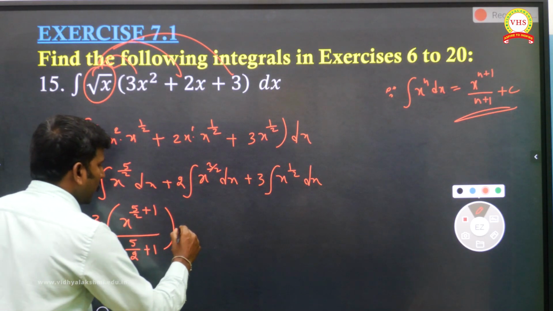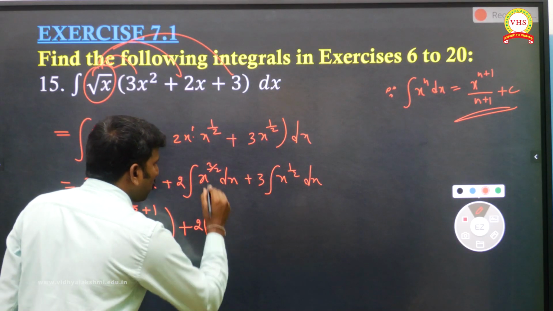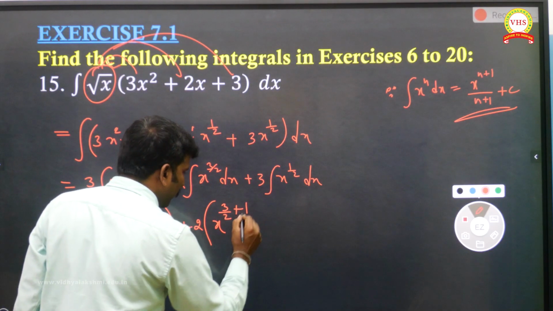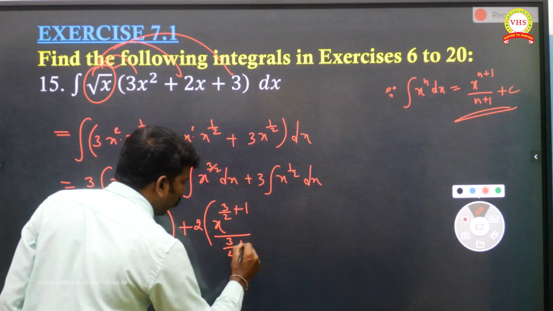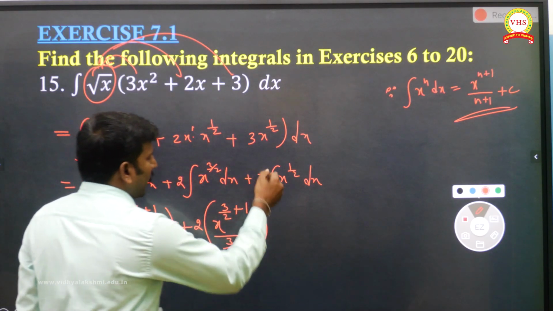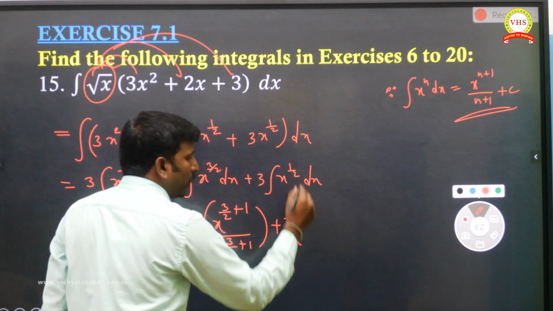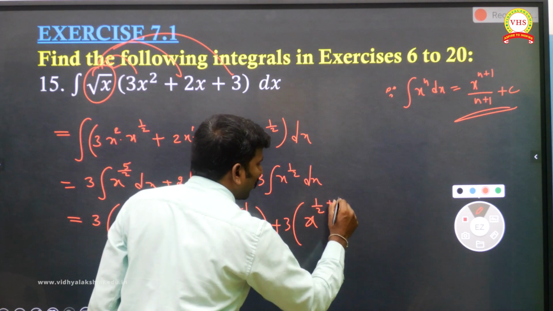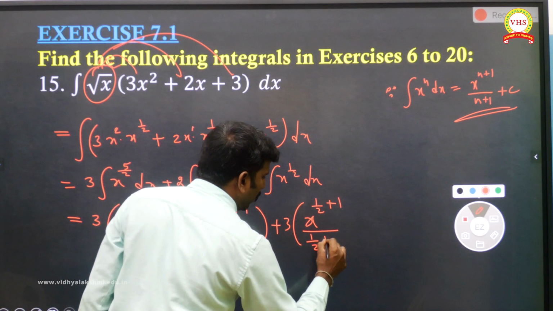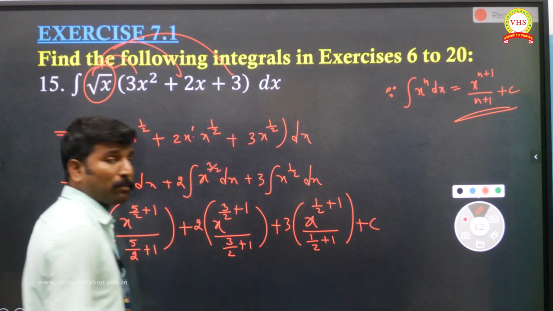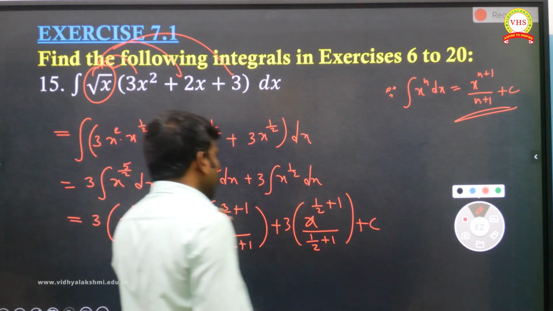Like that, 2 into x power 3 by 2 plus 1 divided by 3 by 2 plus 1. In the same manner here, n value is 1 by 2: x power 1 by 2 plus 1 divided by 1 by 2 plus 1, overall one constant plus c. Understand? Children listen.